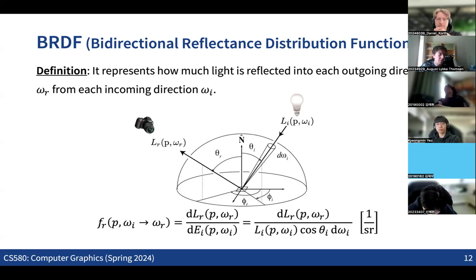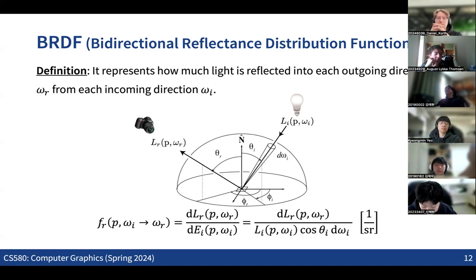This function describes the ratio of the outgoing radiance compared to the differential incoming irradiance. So the idea is that any material that we want to express in our rendering pipeline can now be represented as a BRDF. That's the main idea.